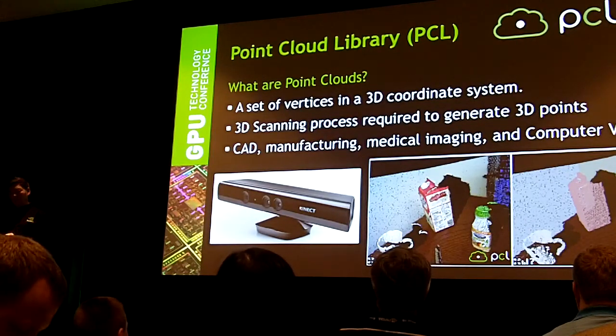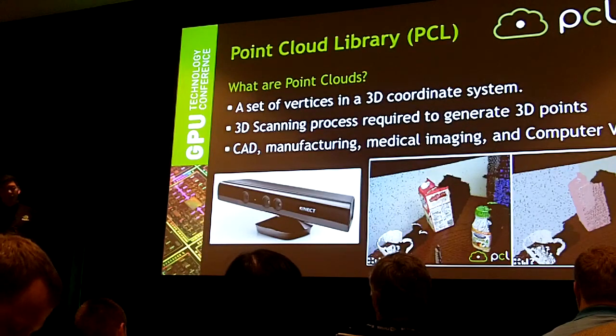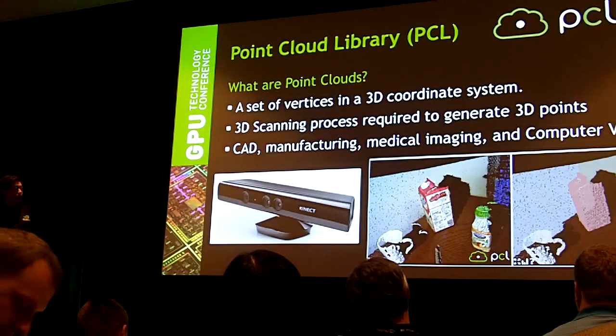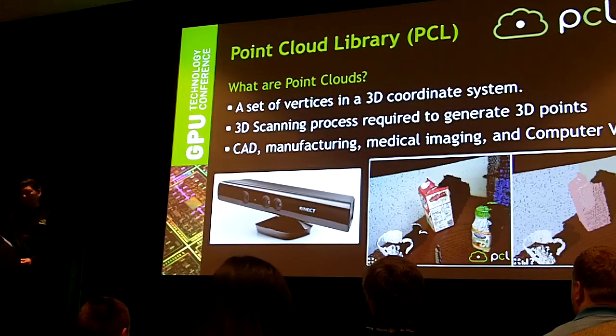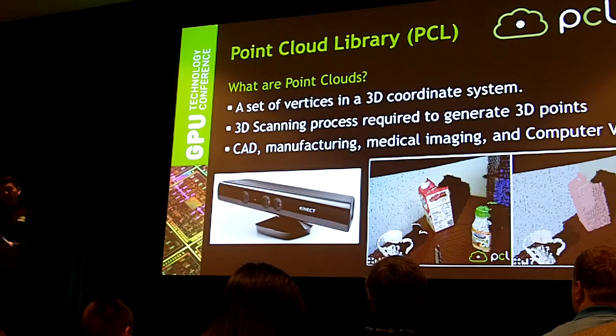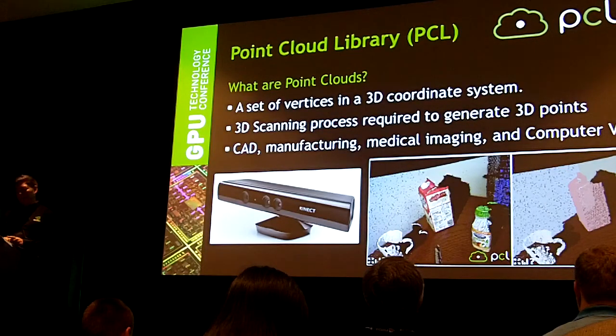How it works is there are two cameras on the Kinect camera, and there's an IR emitter. The emitter projects an IR pattern out into the environment. Then you have two cameras: one is a color sensor and one is an IR sensor.